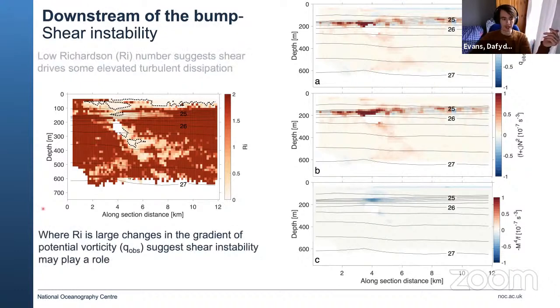And then in this region of very strong dissipation around 200 meters, we don't see consistently low Richardson number, but what we do see, with Q here being the potential vorticity, is a strong positive potential vorticity in the region of this high shear and high dissipation, with low positive PV either side. So in this case, the gradient of PV is changing along isopycnals, and these are conditions that suggest the presence of horizontal shear instability associated with the friction, the shear imparted on the flow by the slope itself, downstream of the slope where the flow is detached from the slope.